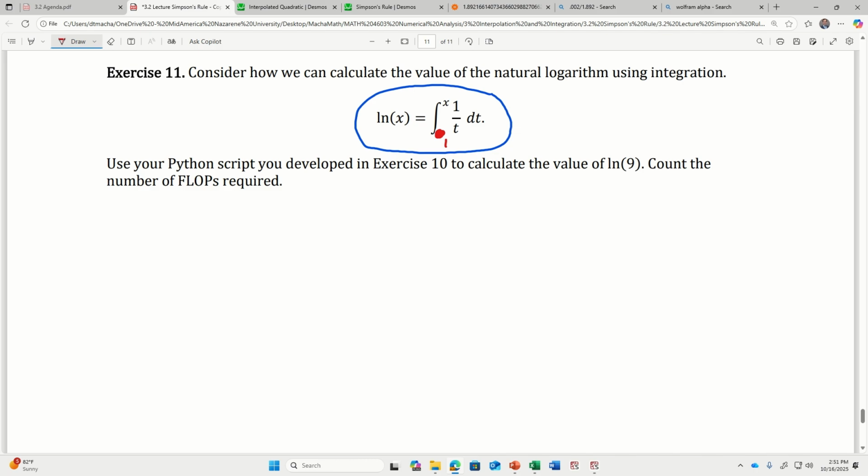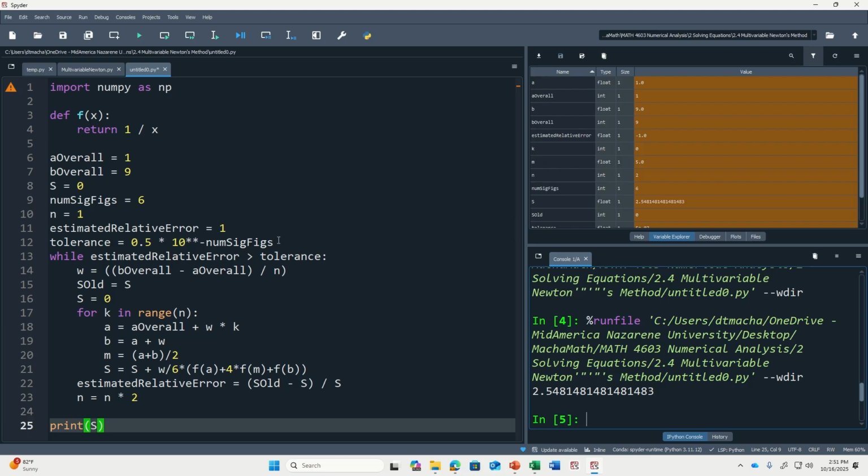All right, now we want to use this Python script to evaluate the natural log of 9, and that means I want to take an integral from 1 to 9 of 1 over t dt. And I can use Simpson's rule approximation to approximate that. And so what did we just do? We took a Simpson's rule approximation of this integral from 1 to 9.